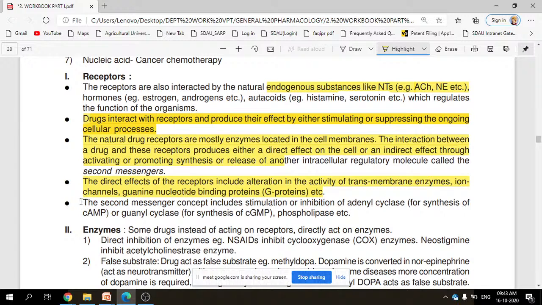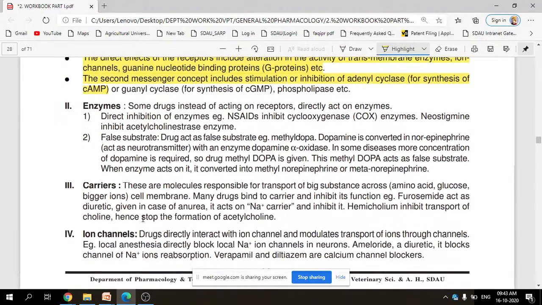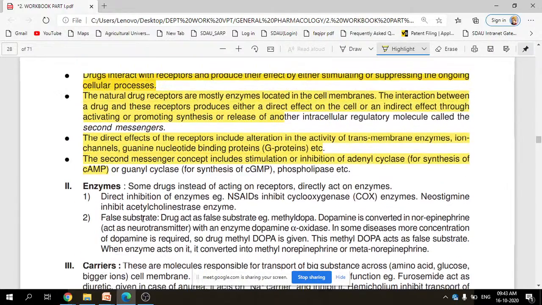The second messengers, cyclic GMP and cyclic AMP, involve the stimulation or inhibition of adenylyl cyclase for synthesis of cyclic AMP and guanylyl cyclase.